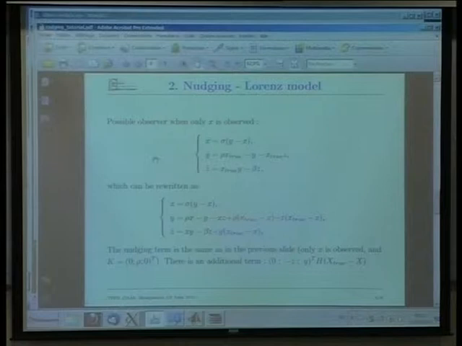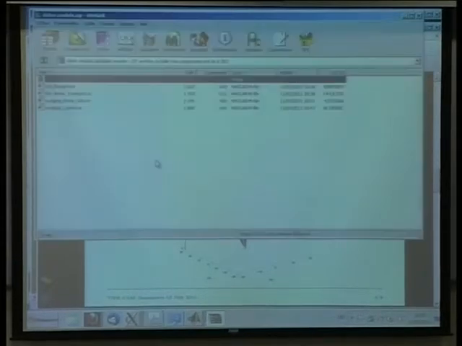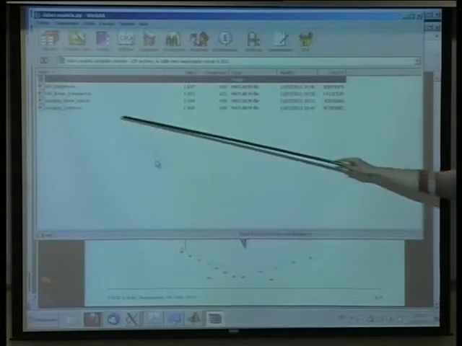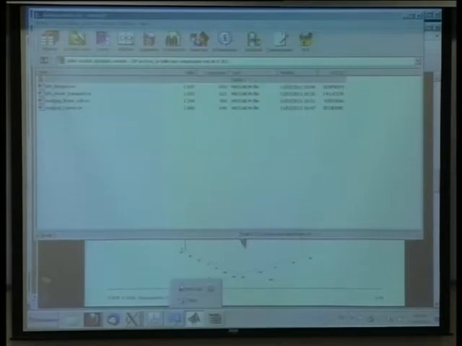So once again, either you start from nothing, you just try to first solve this system still with explicit Euler, or you can use this MATLAB file here, nudging Lorenz, that solves the equation twice with 2 different initial conditions, and you have to incorporate the nudging inside. So I can show you.